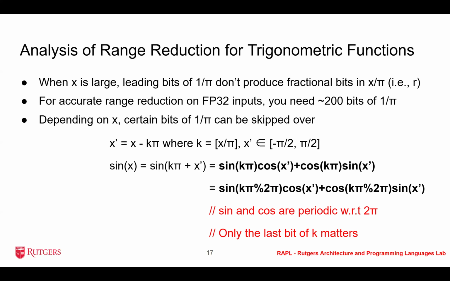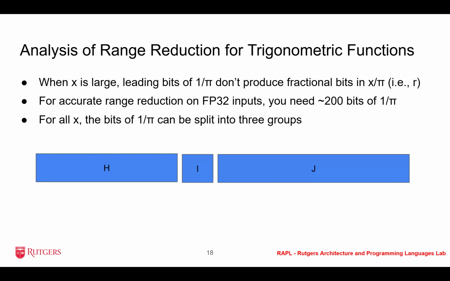Based on this observation, Payne and Hennig provide the following analysis. For each input, the bits of 1 over pi can be split into the following 3 groups. Group J is composed of the lower order bits of 1 over pi that will contribute to the fractional portion of x over pi, which I've been referring to as r. Group I is composed of the single bit that contributes to the least significant bit in the integer portion k.